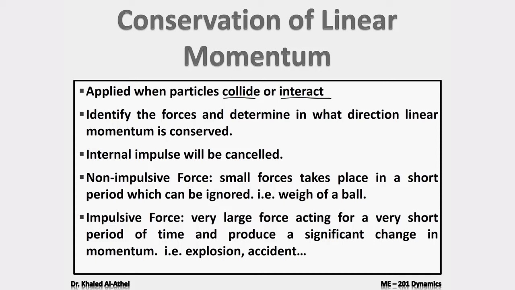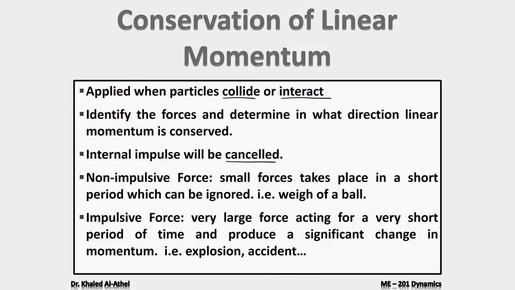So I'm going to identify forces to find in which direction I have conservation of momentum. Internal impulses are usually cancelled because these are equal in magnitude and opposite in direction, and they are cancelled only and only if I consider the whole system. If you consider only one particle, then you have to include these impulses.